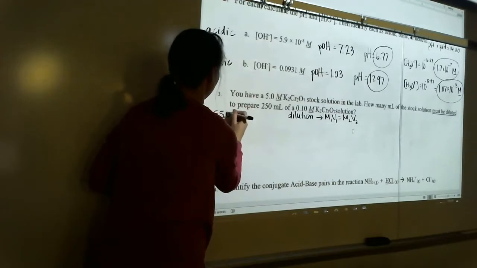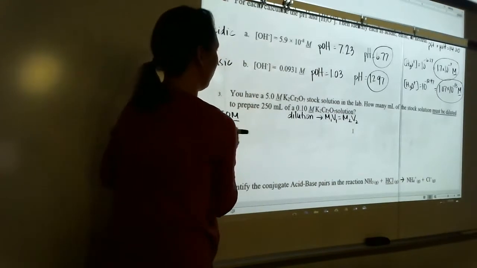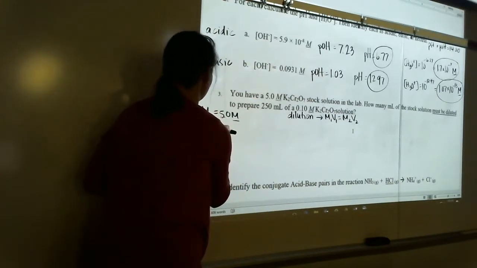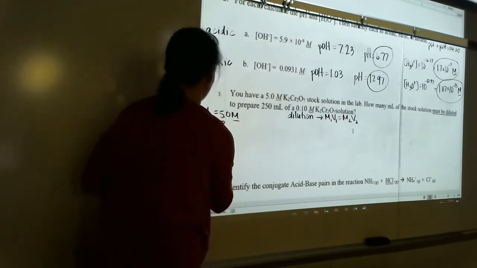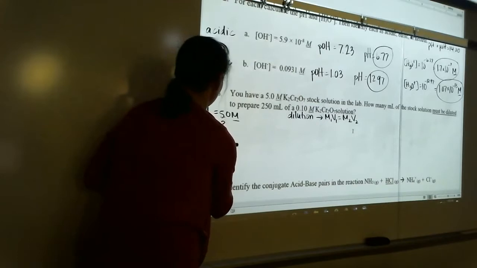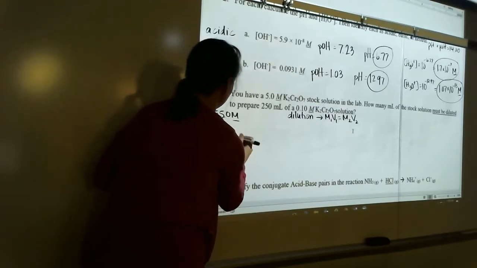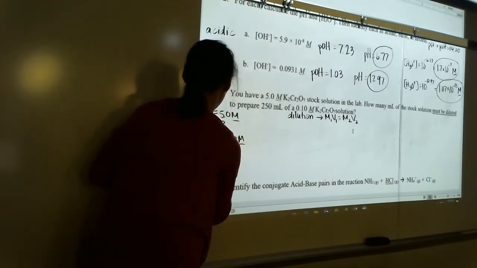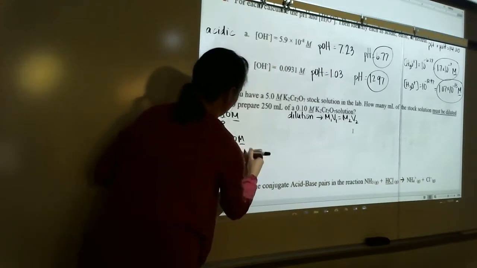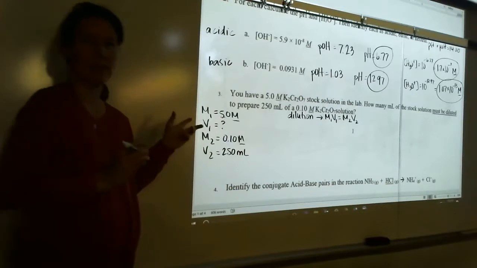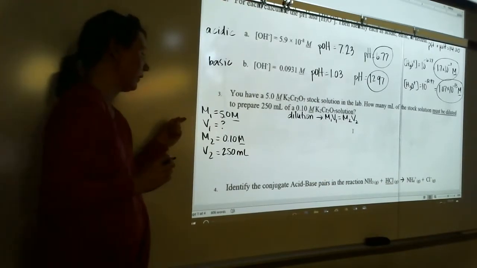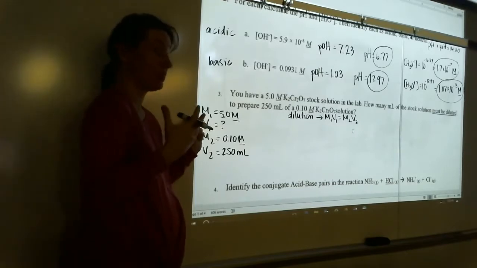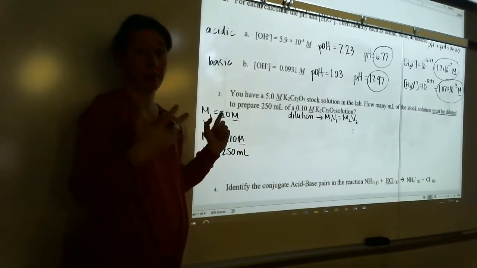So let's list our variables. M1 is 5. And we want to know how many milliliters of it we want. So that's what we're solving for. M2 is 0.10, and V2 is 250 mils. Now remember when we did this in class, originally I said you can leave your unit in milliliters just because this is not technically a molarity calculation, right?